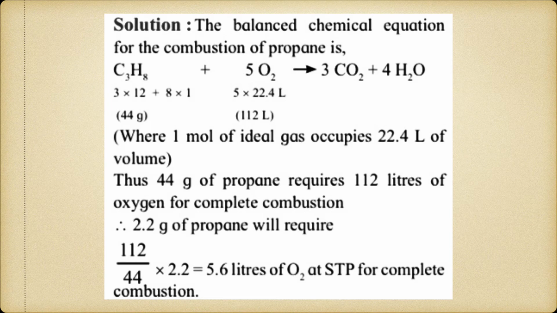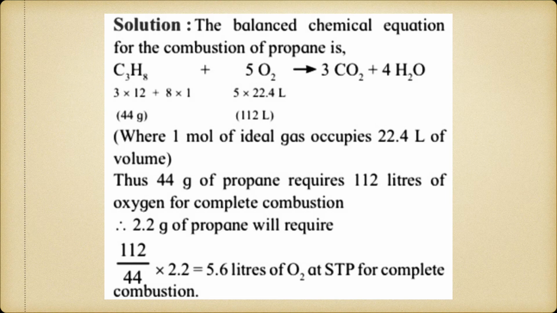Next step, I am going to find out the relative masses and the volume of propane and oxygen. We don't require it for carbon dioxide and water, so we are not going to calculate for that. After calculating for propane, I'll get the value as 44 grams, that is 3 into 12 plus 8 into 1, which gives me 44 grams. Next, 5O2.